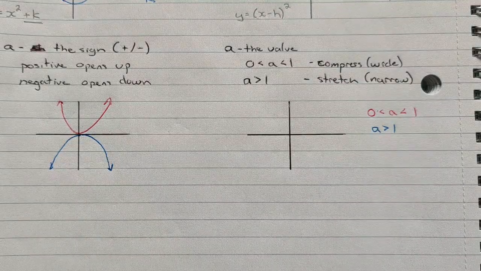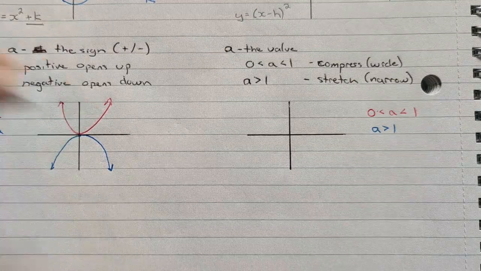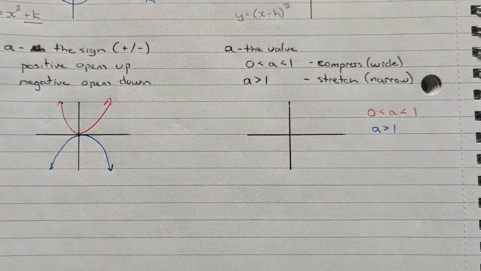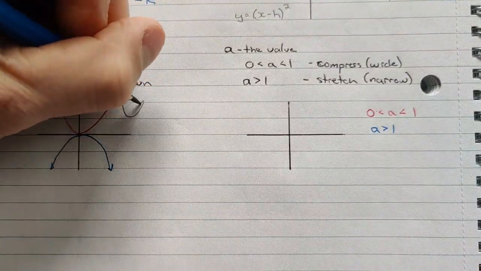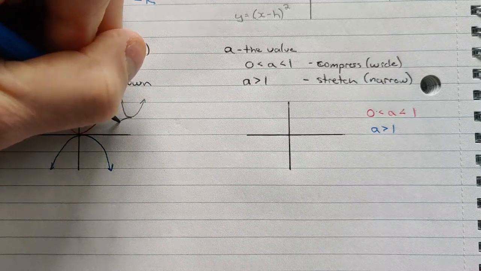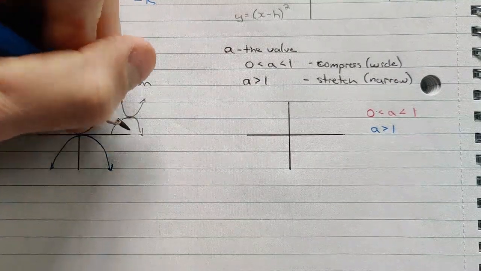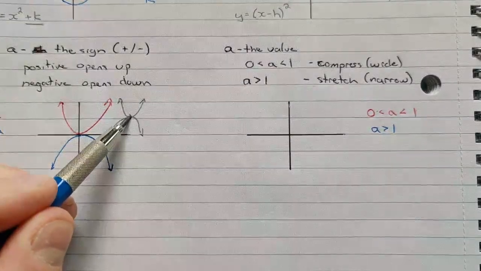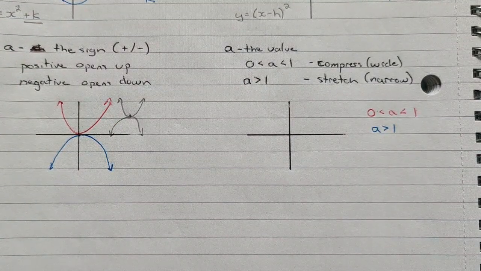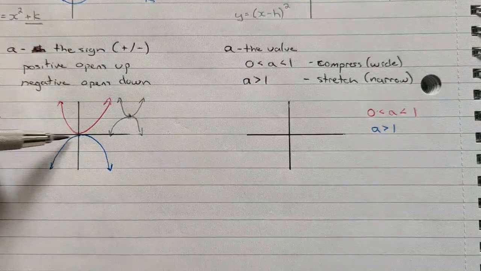It's flipping around the vertex, not based on the central x-axis.